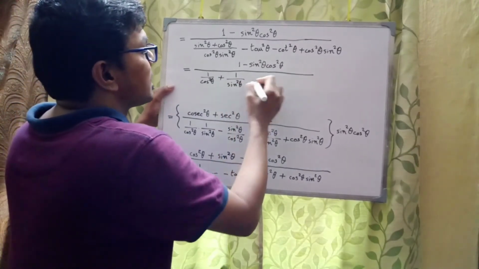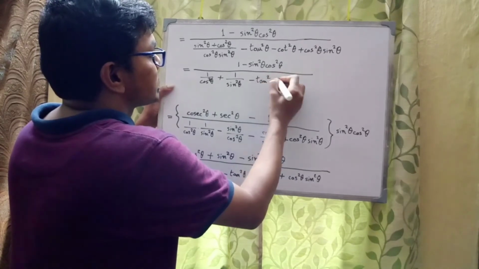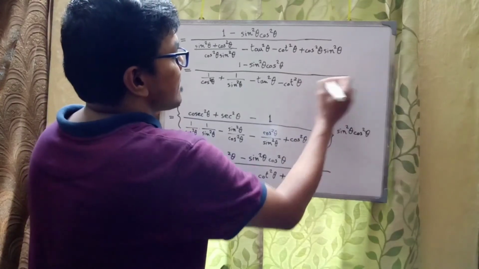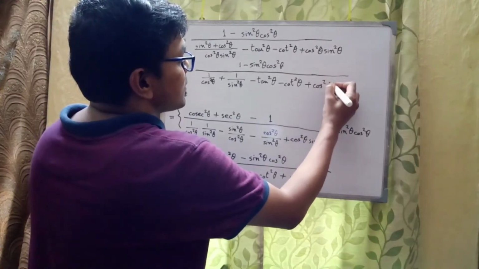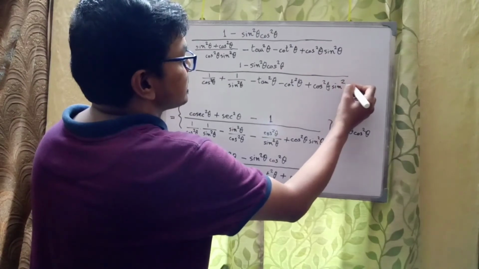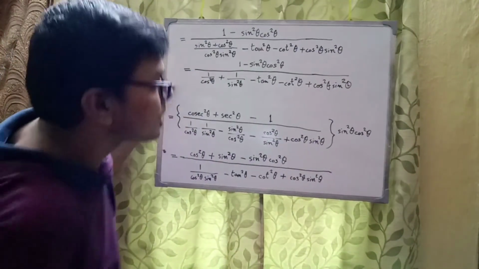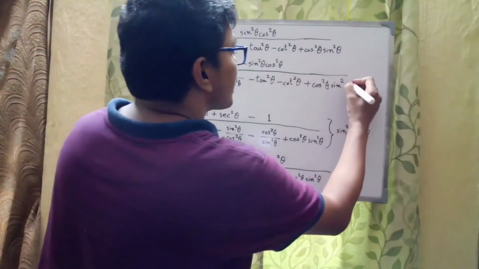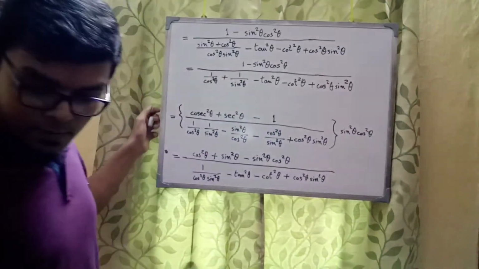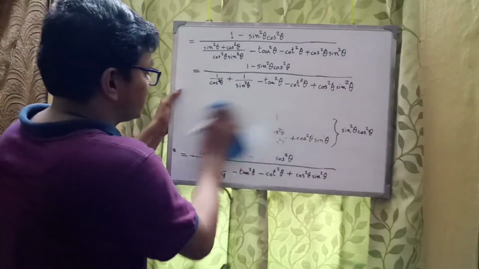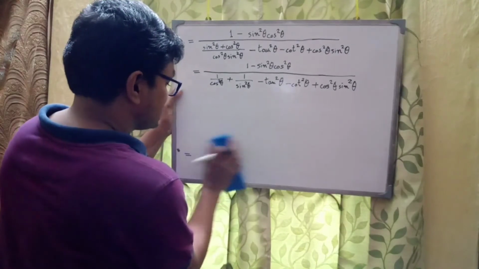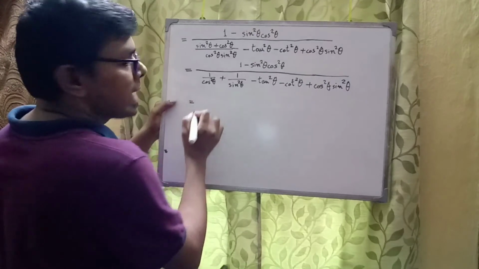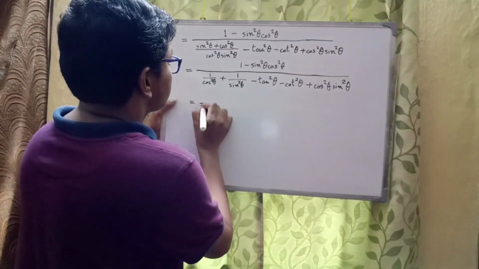right, minus tan square theta minus cot square theta plus cos square theta sin square theta. Write it properly. Okay, let me erase this part. Since we have already got the numerator as it is in the right hand side, we are not worried about that.